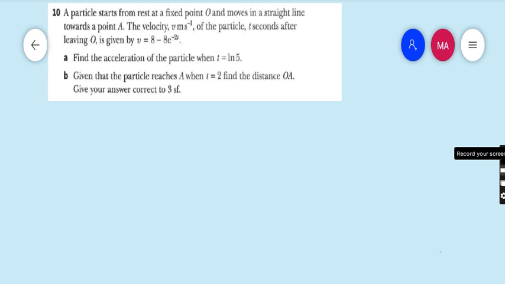Now what is the requirement? Find the total distance from t equals 0 to t equals 2 pi.